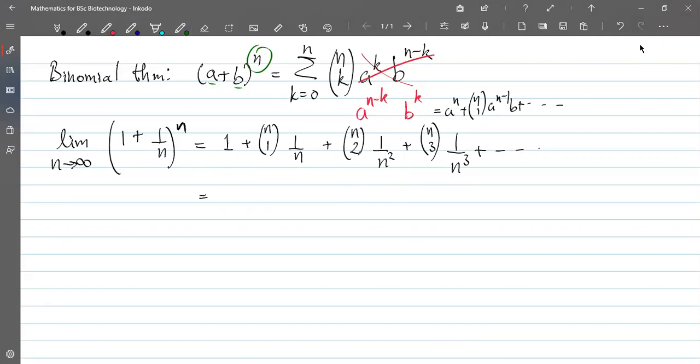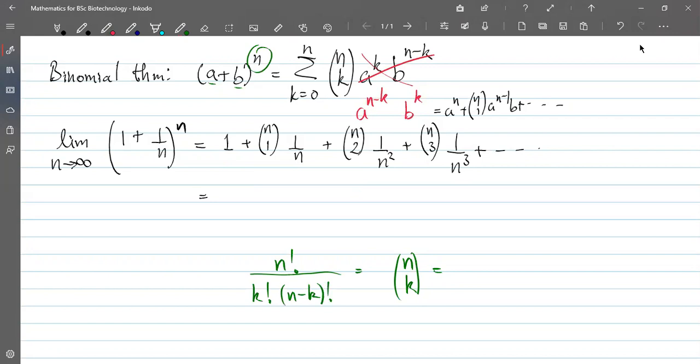Now, remember that we're going to compute nck not as, normally when you learn the definition, you learn this is n factorial upon k factorial times n minus k factorial, right?